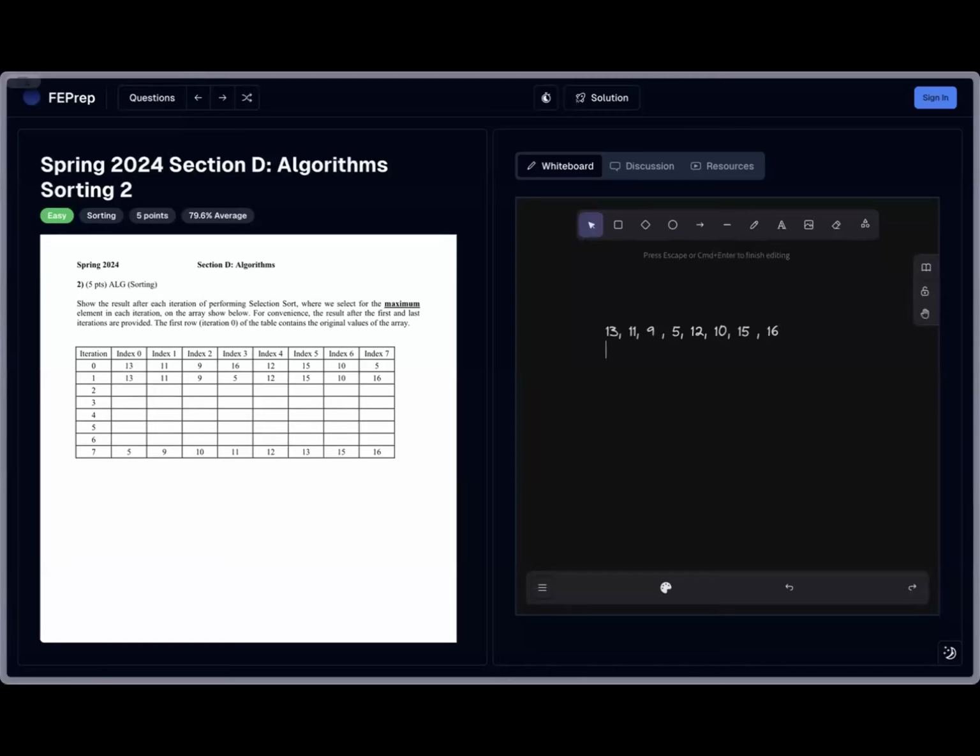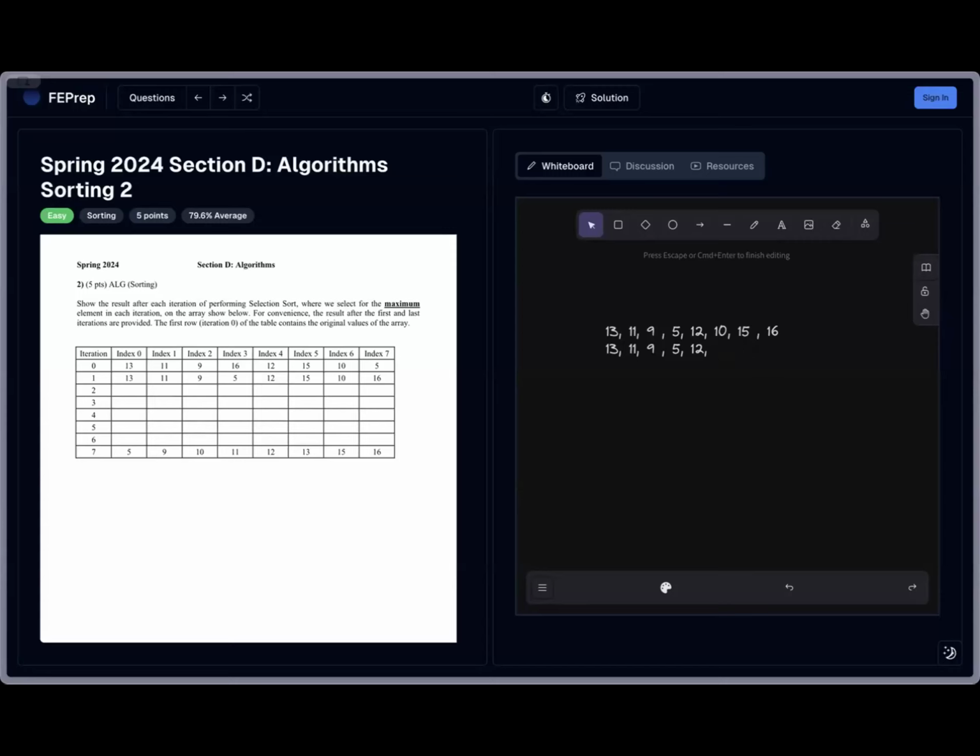Okay, so then from there, we have 13, 11, 9, 5, 12, 10, 15, and 16. Did I just rewrite them? I did. Sorry, I lost count on my iteration. This was iteration 2, so we're on iteration 3.